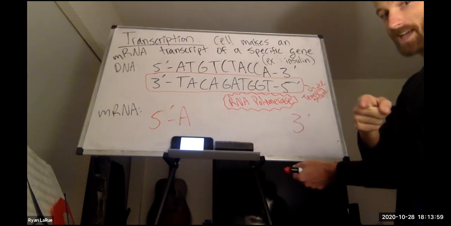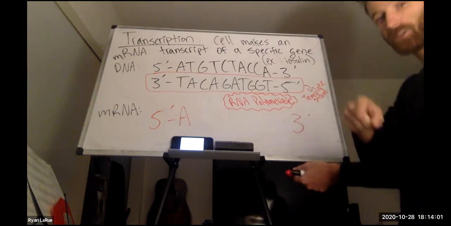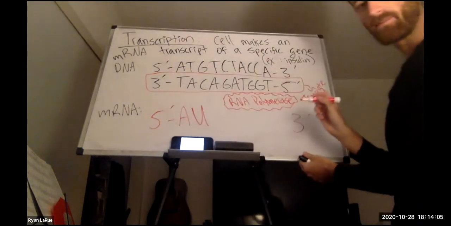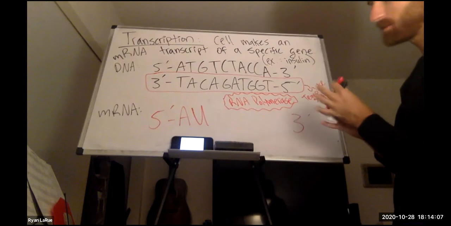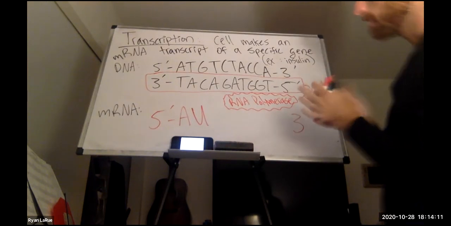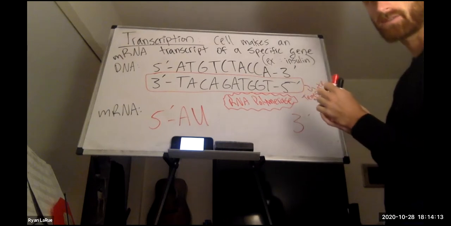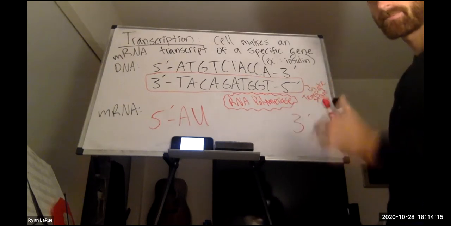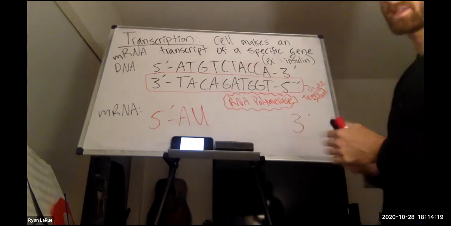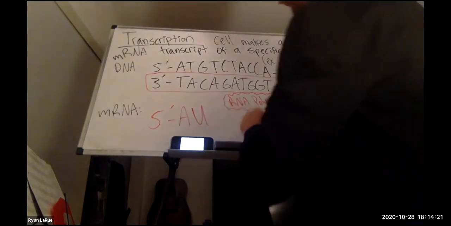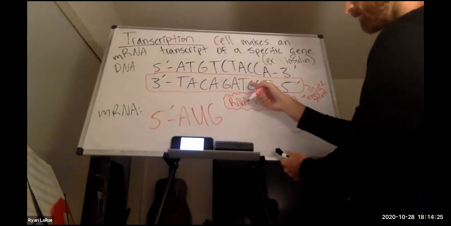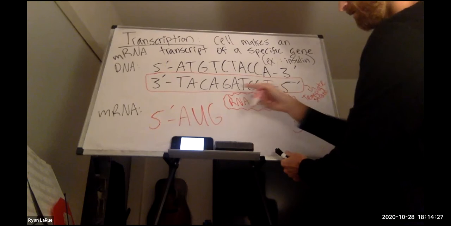I got you guys. It's not T, it's U. Yes, we're RNA. There's no thymine, remember? Okay, what comes after that? Complementary to C: G, yes. And then I'll just fill in the next part.